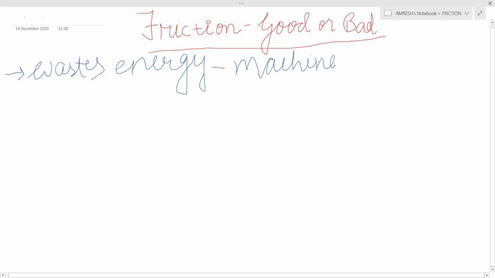You can give any machine. If the friction is less between the moving parts, then the car or any machine will run better. So friction plays a bad role in the case of a machine. Meaning, the less wear inside, the less friction, the better it will work.